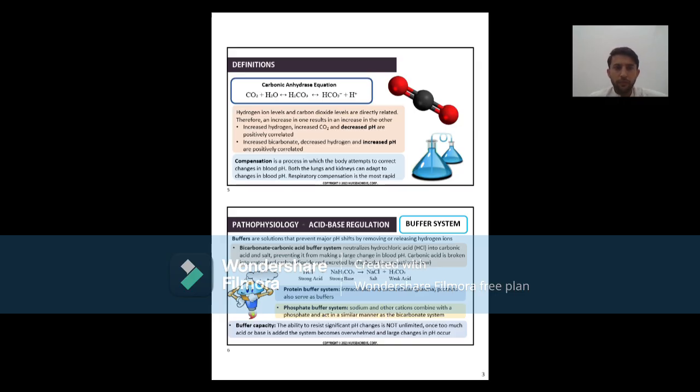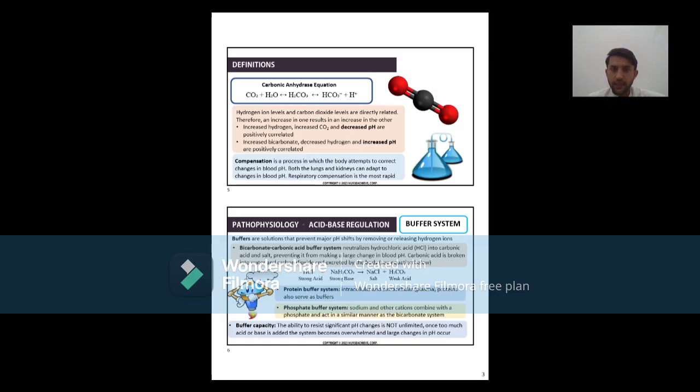If we discuss the pathophysiology of acid-base regulation, buffers are solutions that prevent major pH shift by removing or releasing hydrogen ion. We have the bicarbonate and carbonic acid buffer system. It neutralizes HCl to carbonic acid and salt, preventing large changes in the blood pH.